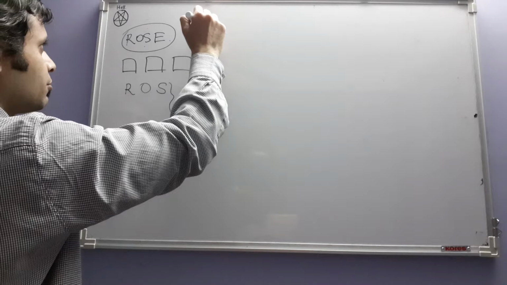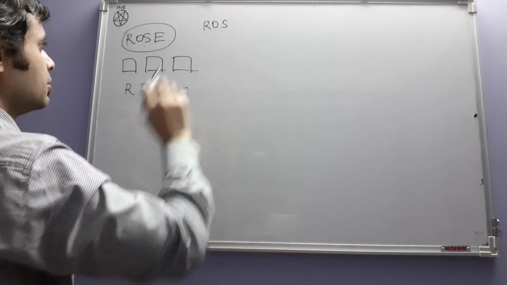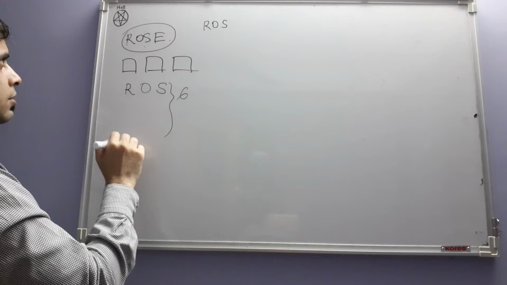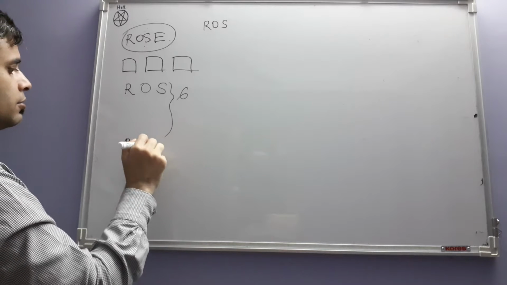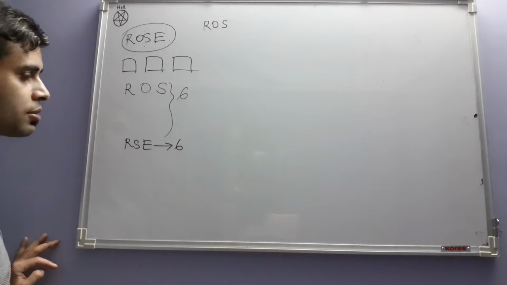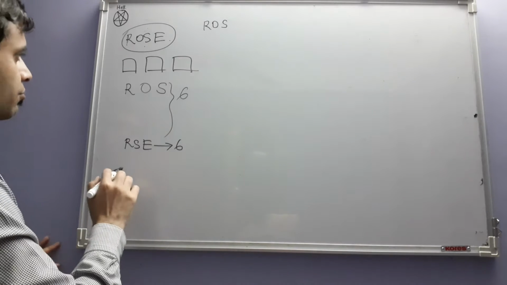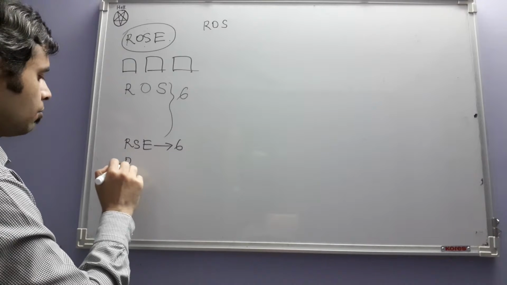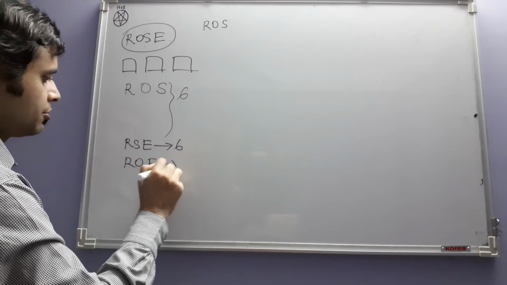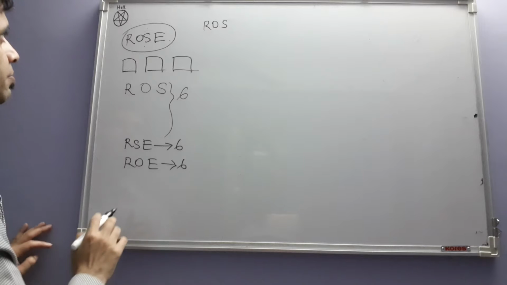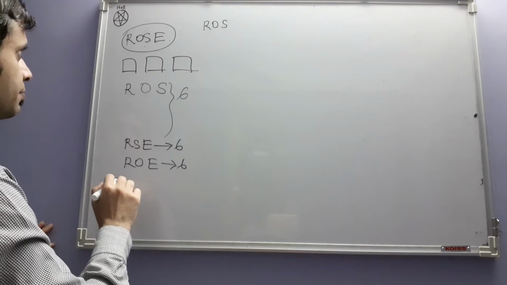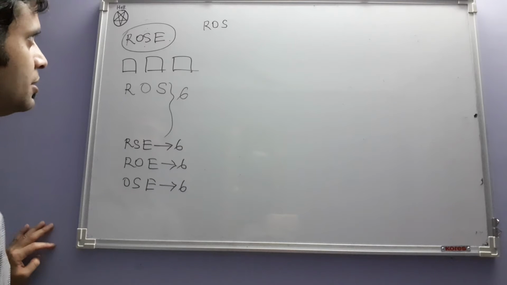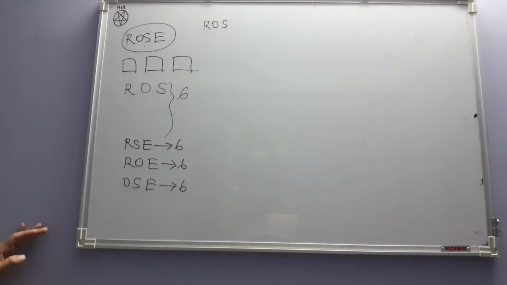But instead of R, O, S, we can have R, S, E also. That will also give me 6 possibilities. Or we can have R, O, E. That also gives me 6 possibilities. Or we can have O, S, E. That also gives me 6 possibilities.